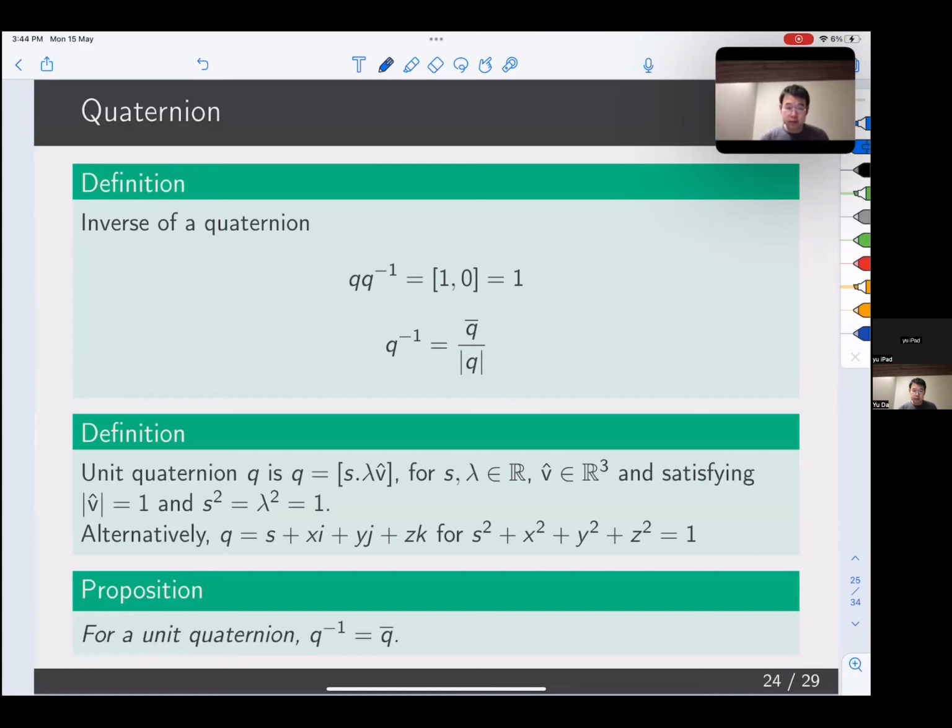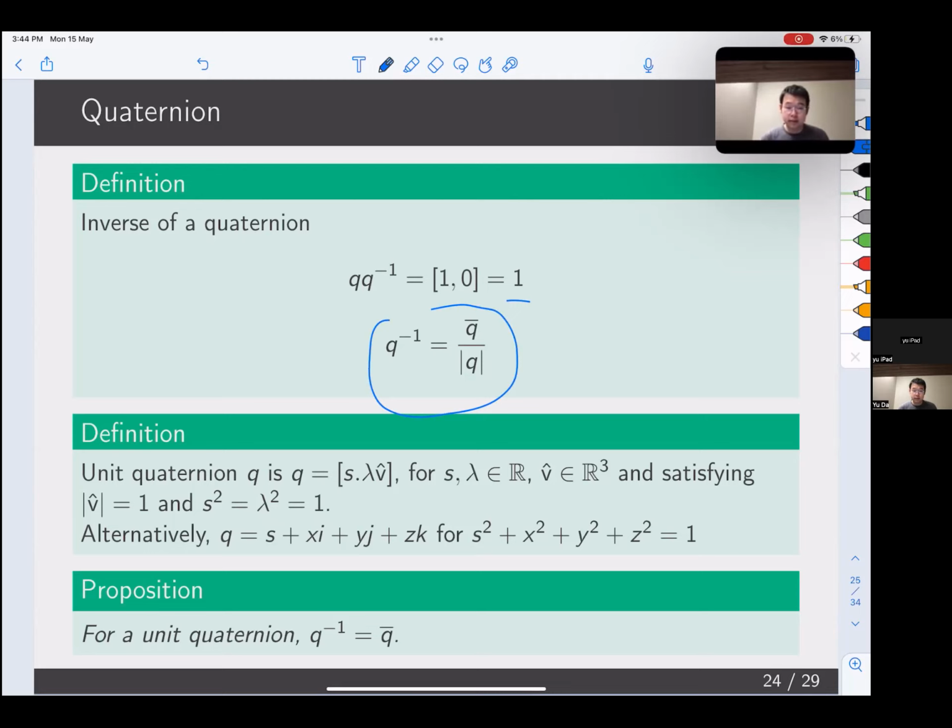And we can also define the inverse of a quaternion, where we want q times q inverse equal to 1. We have the form that q inverse is the q conjugate divided by its norm squared.